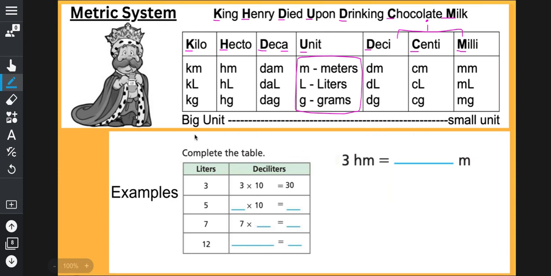Kilo is our biggest unit of measurement. Think like far distance, really heavy weighing items. Those are going to be using the kilo term. Filling a big, huge swimming pool. Milli is our smallest term. A millimeter is the thickness of a dime.